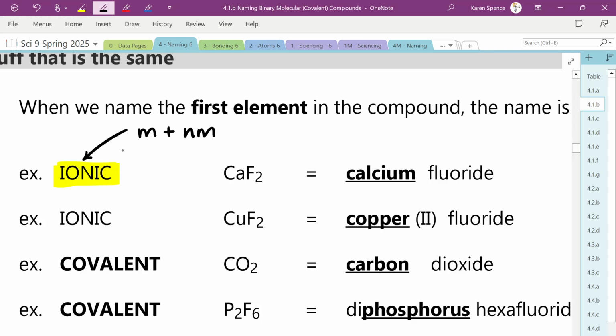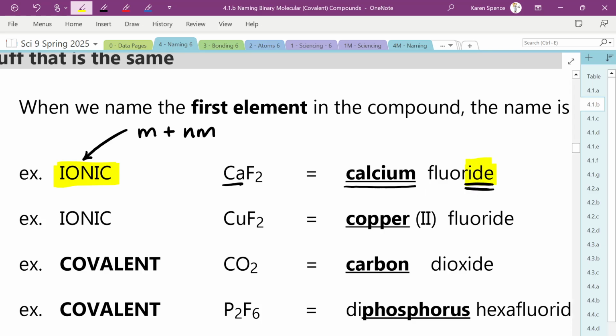So that's a metal plus a non-metal. And we just name the metal. So Ca is named calcium. And then what did we do to the ending of the second name? Ending of the second name changed to ide. Okay, so we got that ide at the end.